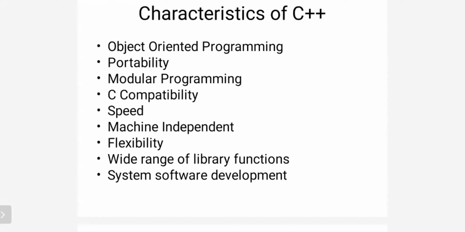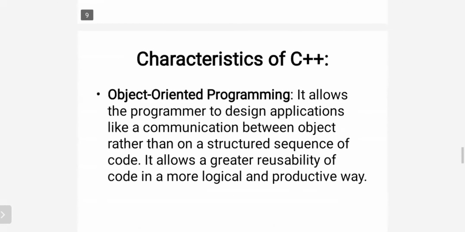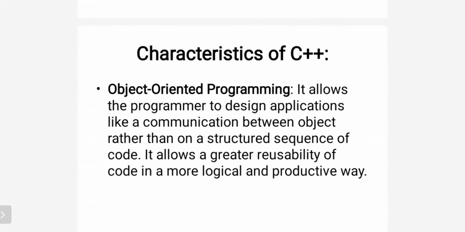So what is object-oriented programming? It allows the programmer to design applications like a communication between objects rather than a structured sequence of code. It allows greater reusability of the code in a more logical and productive way.